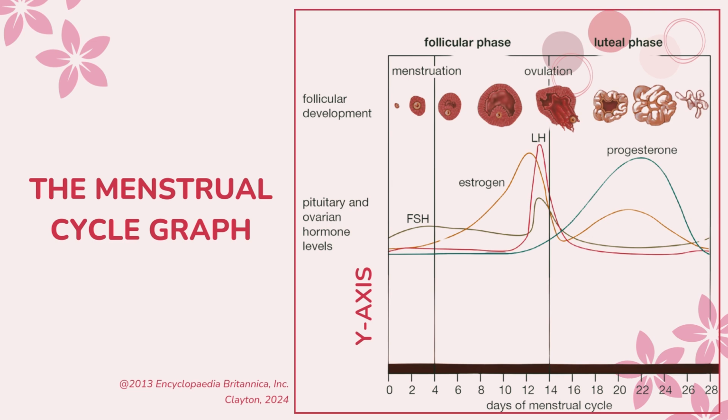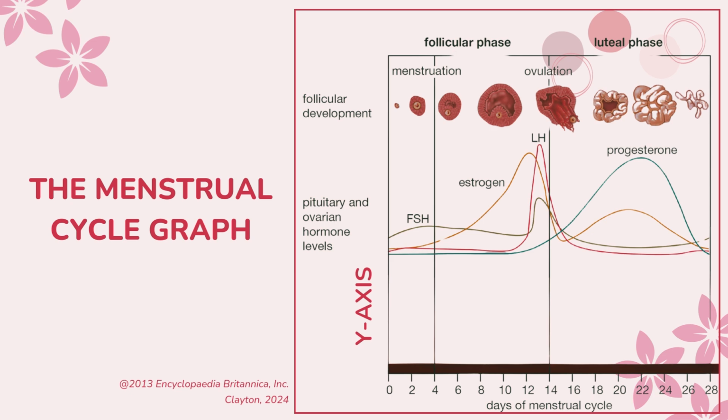Now, let's check out the y axis, the vertical part of our graph. Each curvy line here represents one of the star players in your hormonal orchestra, and they are produced by your ovaries and pituitary gland.